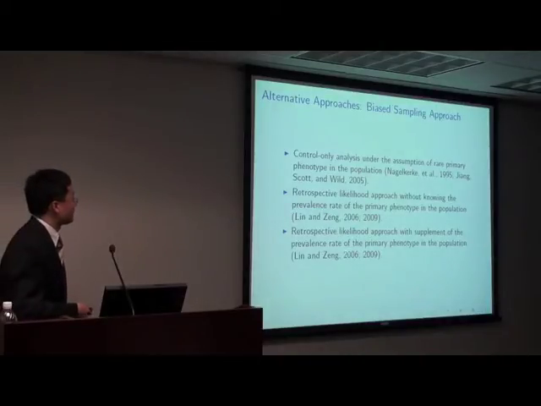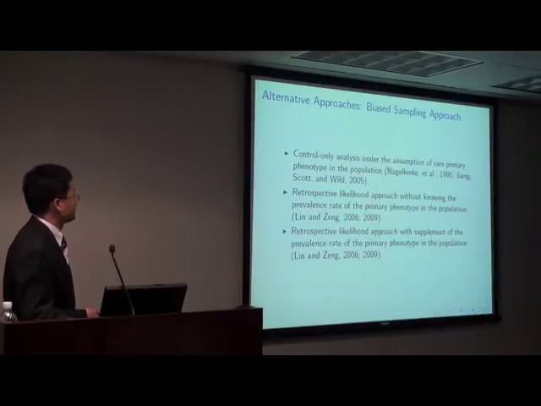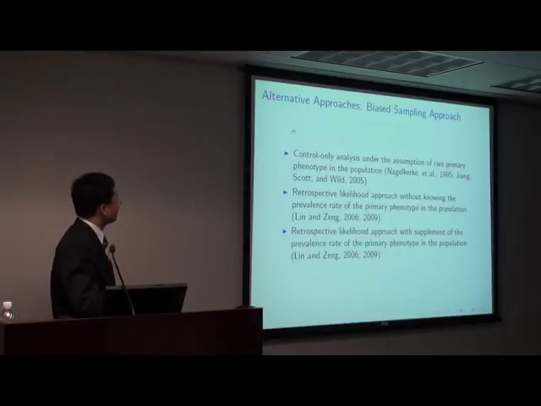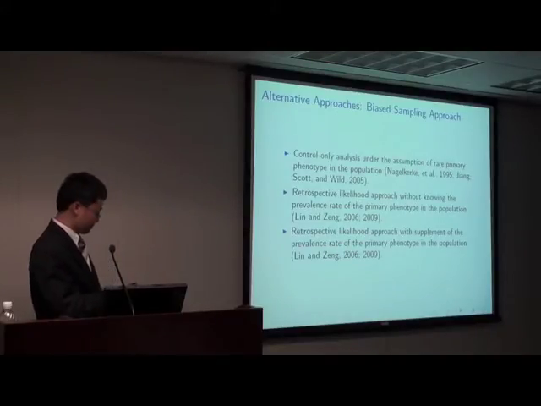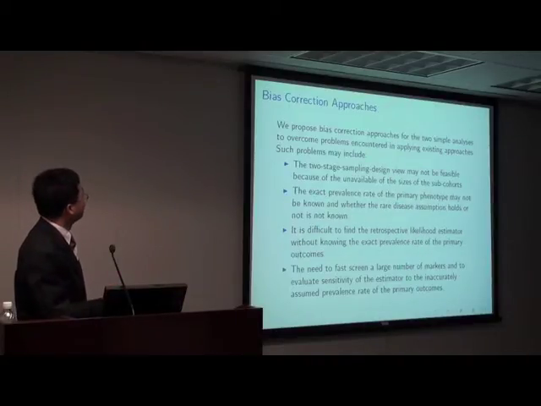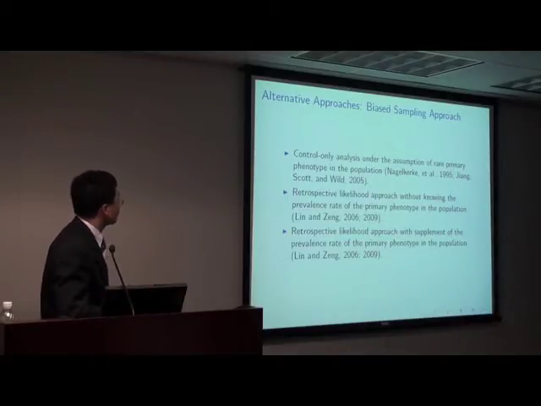The second one is that if we don't have this prevalence rate information, then we can do the retrospective likelihood approach without it. But those two approaches have a particular problem here.